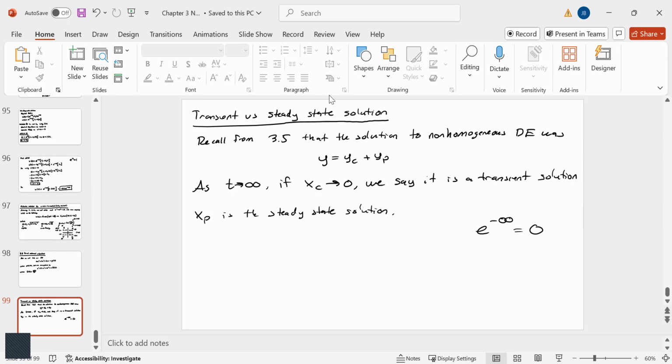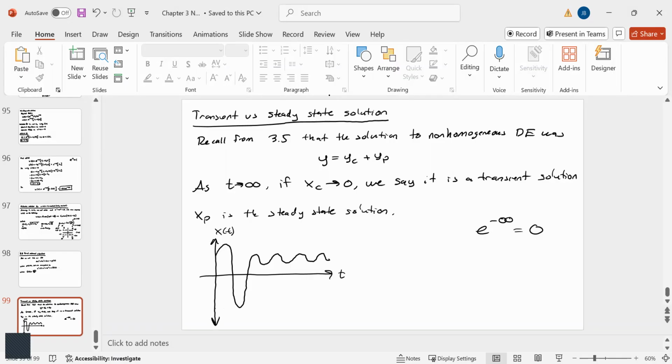One important thing to remember is e to the negative infinity is 0, because that's going to happen a lot. Generally speaking, you're going to have a system, x of t versus t. It's going to behave some kind of way, but then it eventually hits this point where it stabilizes and then behaves like that.